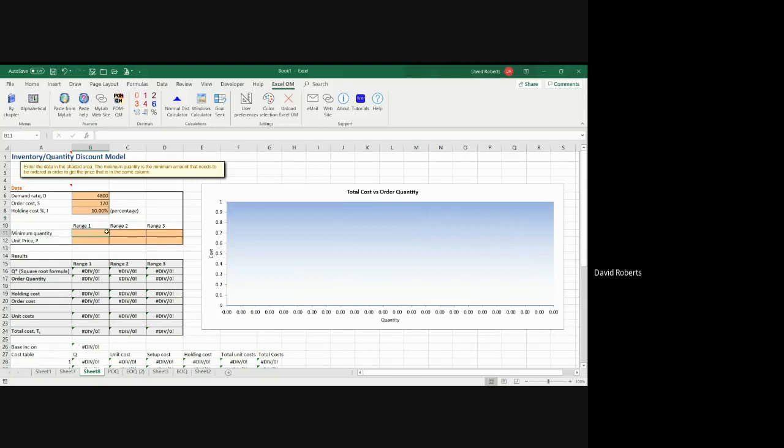Now, for range 1 to 99, the price is $350. And then we have 100 to 199 is the second price category. 100 is the minimum at $325. And we have 200 plus. 200 is the minimum quantity, and 300.